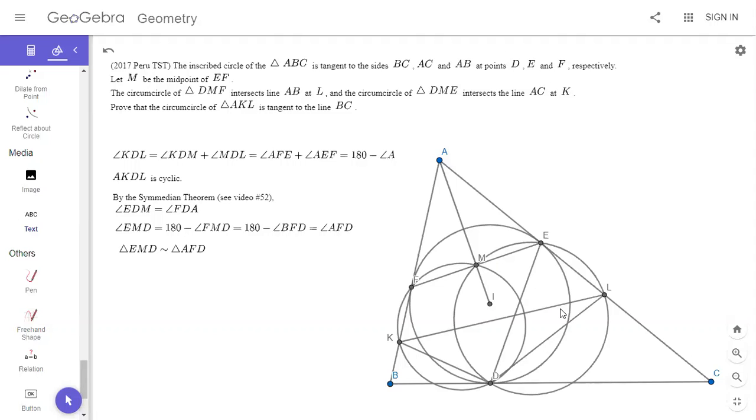Actually, let me try to just think about what I was trying to prove here. I want to show angle ADC is equal to angle AFD. No, I'm sorry, angle AKD.